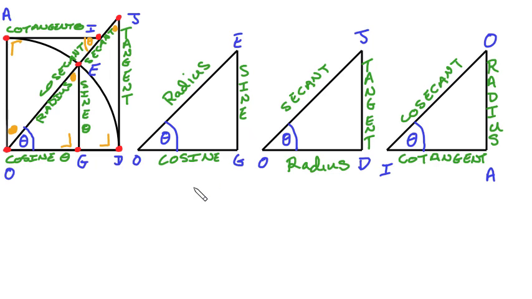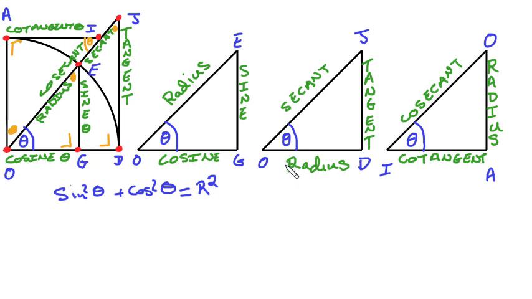So straight away, from this triangle, using Pythagoras' theorem, we can say that sine squared theta plus cosine squared theta, and sin is just short for sine, and cos is short for cosine, are equal to the radius squared, where I've put R here for radius.